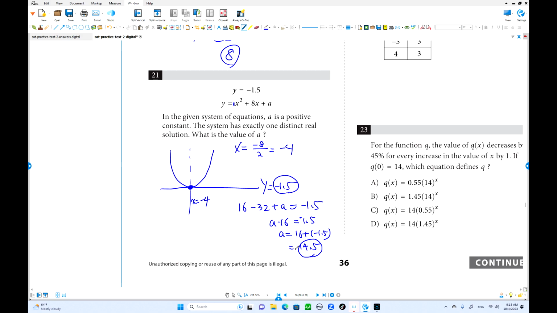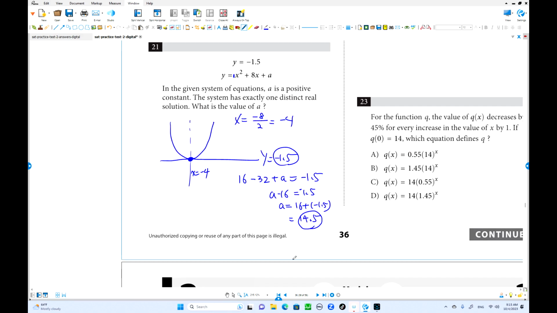Or you can use the discriminant, that is okay too. If this is negative 1.5, we set the equations equal and get the quadratic: x squared plus 8x plus a plus 1.5 equals 0. When you get a quadratic with only one solution, the discriminant is 0, okay?